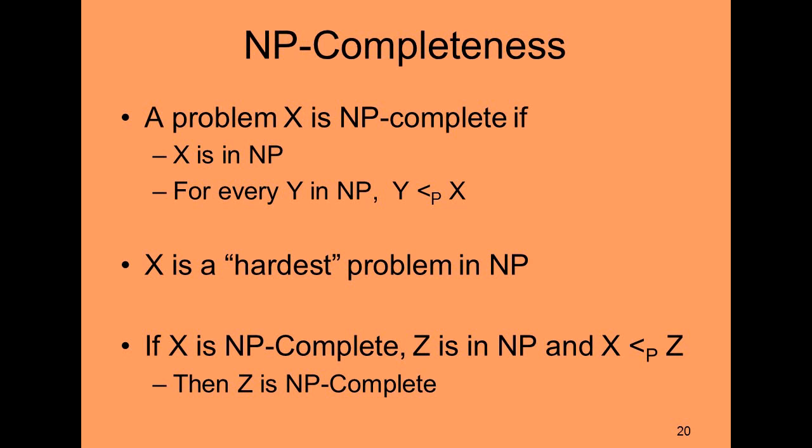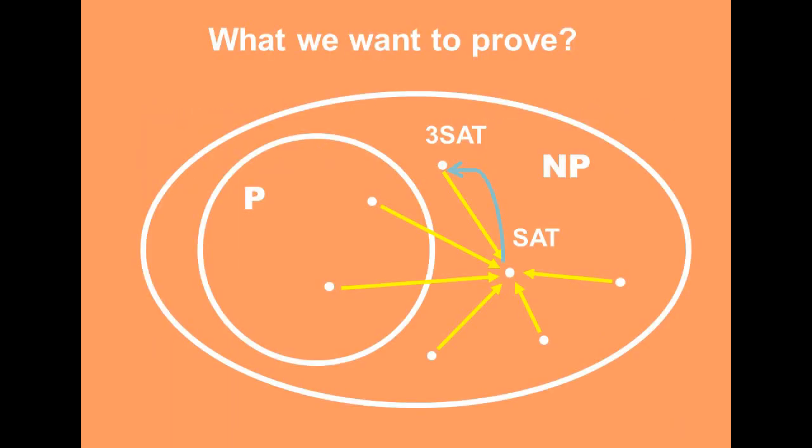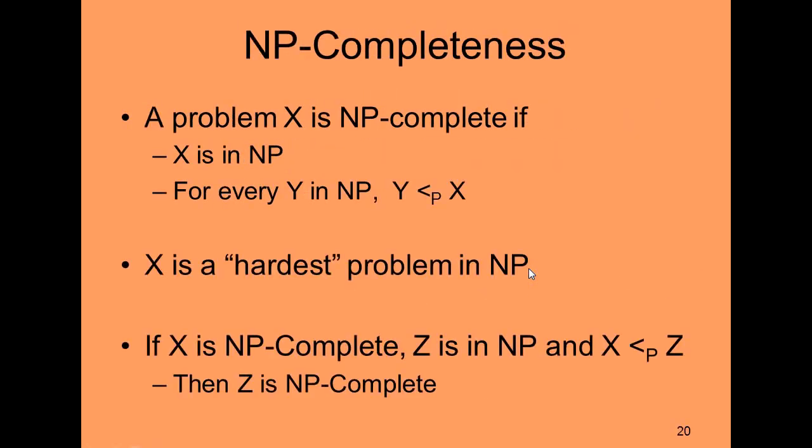Now we will define NP completeness. So what are the NP complete problems? A problem X is NP complete if, very first condition, X is in NP, and second, for every Y in NP, just now we have shown that all these points are considered as Y, every Y in NP is reducible to X in polynomial time.